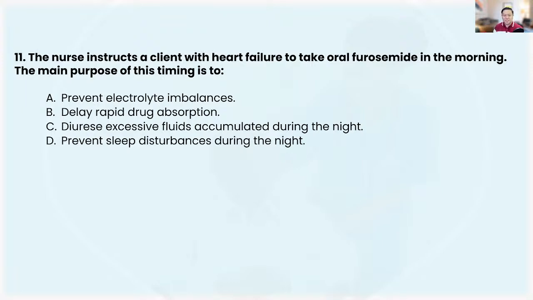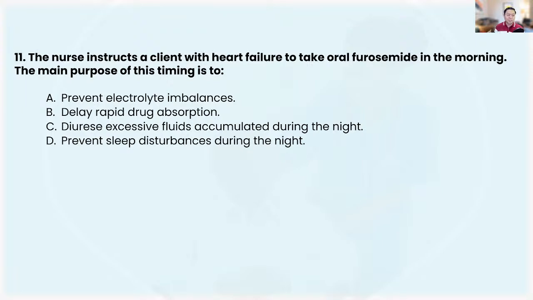The question states, the nurse instructs a patient with heart failure to take oral furosemide in the morning. The main purpose of this timing is to prevent electrolyte imbalances, B, delay rapid drug absorption, C, diurese excessive fluids accumulated during the night, D, prevent sleep disturbances during the night.